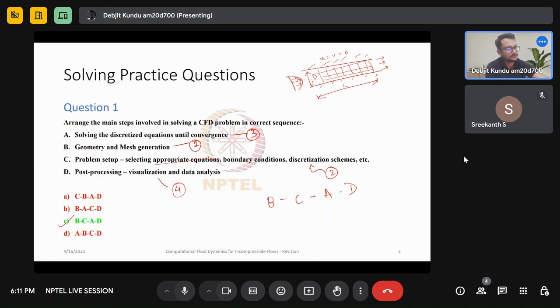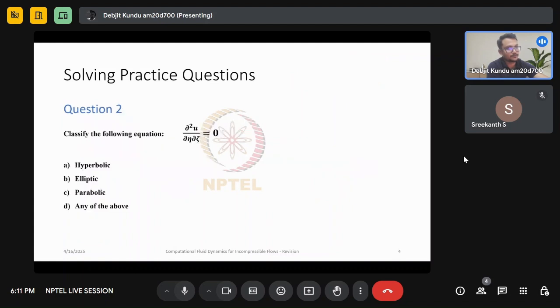Alright, so we'll move on to question number 2, which is asking us to classify the following partial differential equation into whether it's hyperbolic, elliptic, parabolic, or any of the above. So the equation is ∂²u/∂η∂ζ equal to 0, and here are the options.